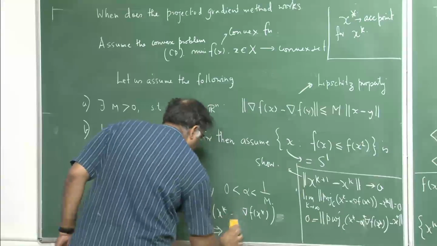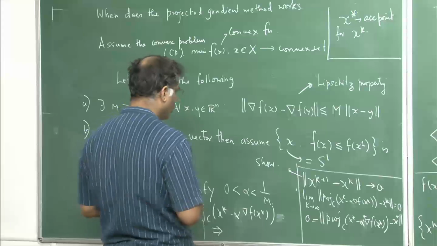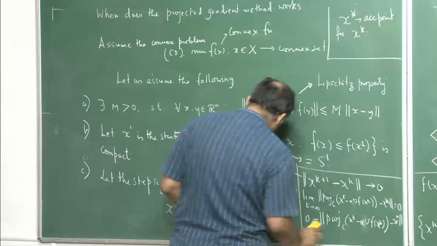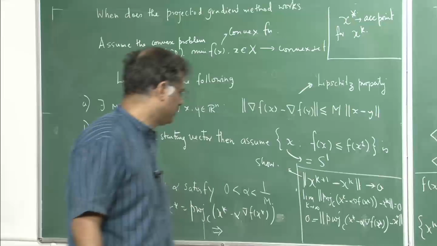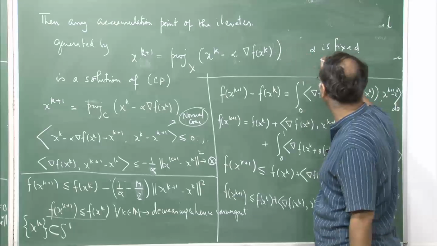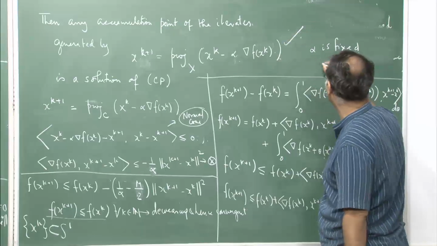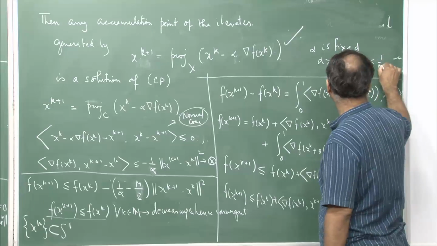Now, okay, I should put a question, because I do not know what would happen, since it is strictly bigger than 0 here. If I want to vary the alpha in this scheme, here alpha greater than 0 is fixed, and alpha is between 0 and 1 by m.